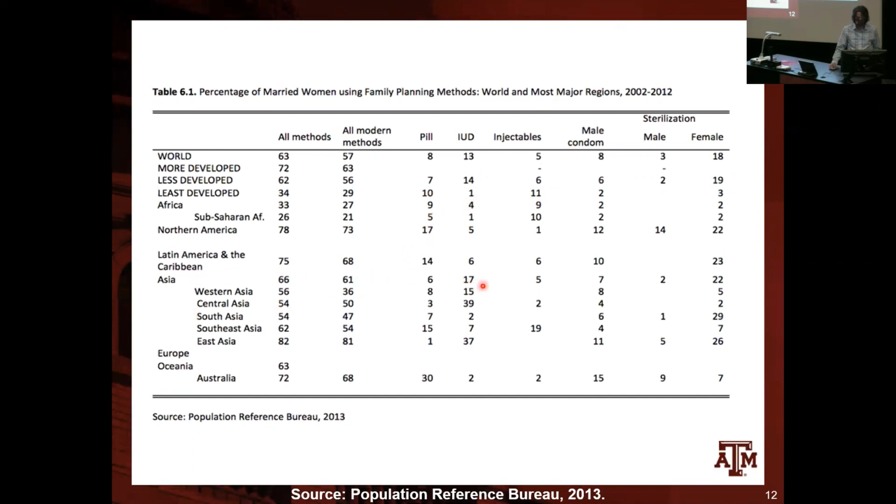In Asian countries, a higher percentage of IUD and female sterilization drives the results for the less developed countries here, the 17, 14, and 22, 19. As I mentioned, we don't have much data for Europe, and for Oceania we don't have information about specific methods, but there is data for Australia, for example.